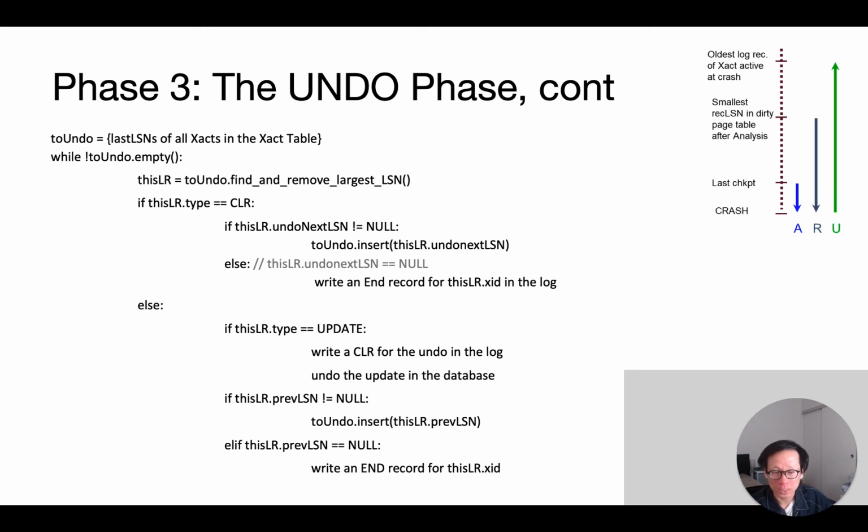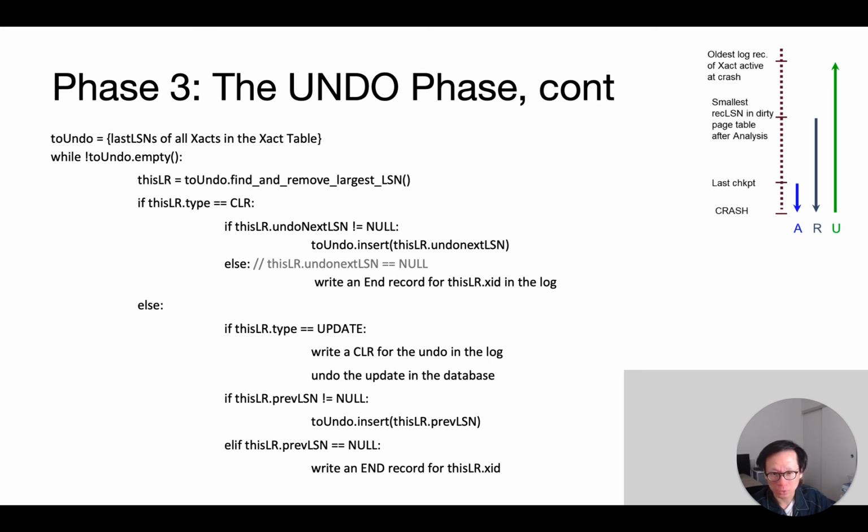That's what CLRs, after all, are for. In essence, they are there to keep these undo next LSNs and to get us to the point where we start undoing things that haven't been undone. So if we see a CLR, we know it's been undone, and we just take its undo next LSN and put it into toUndo.